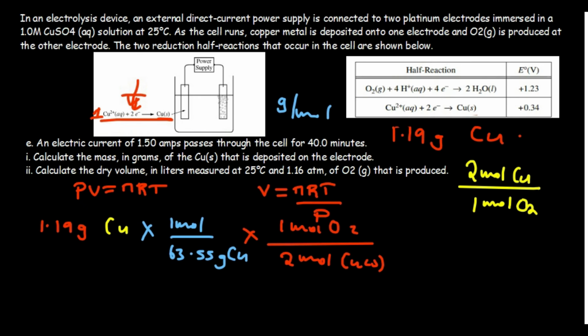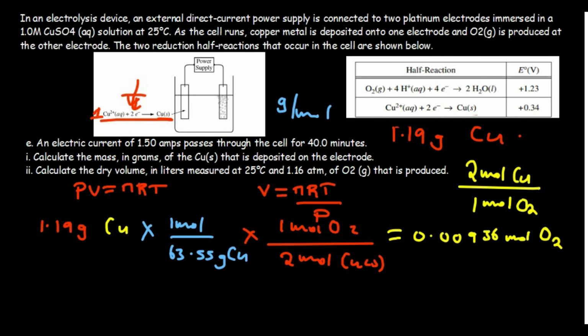Okay. So at this point, you are sure that we've now determined the number of moles of oxygen that had reacted in that reaction. So after performing your calculations on your calculator, you should be able to get 0.00936 moles of oxygen that was produced at the anode.